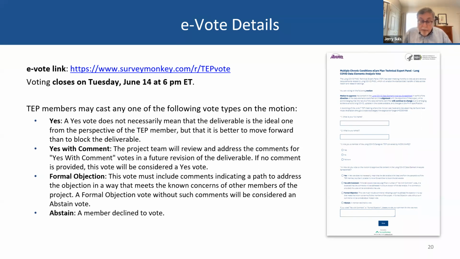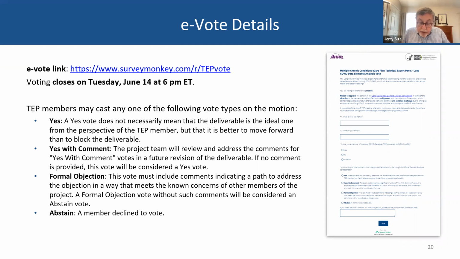We're giving people a variety of categories. The first one would be a yes vote. What it means is that the deliverable may not be the ideal one from the perspective of the TEP member, but it's moving forward in a direction that is quite reasonable.